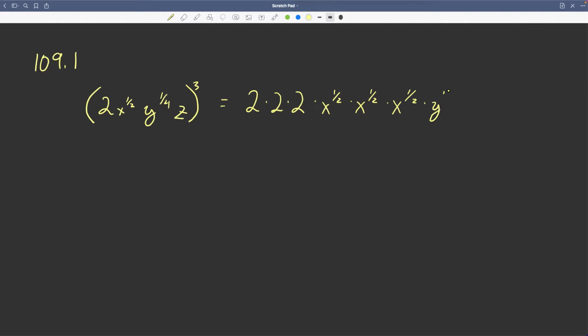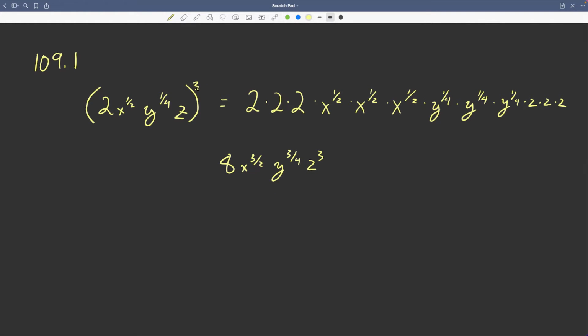You see where I'm going with this, I'm sure. Times y to the 1/4 times y to the 1/4 times z times z times z. So that would be 8, and that would be x to the 3/2, because we just add those together, y to the 3/4, and z to the 3rd.